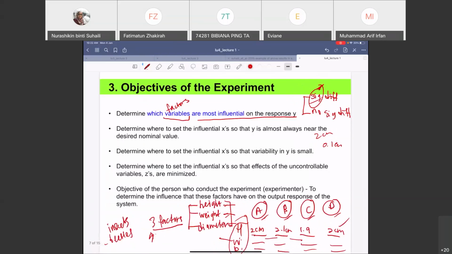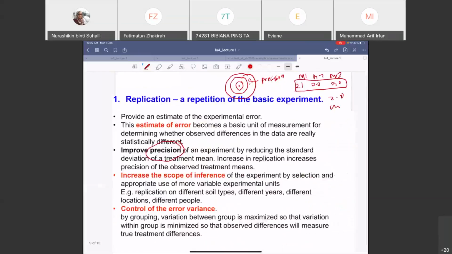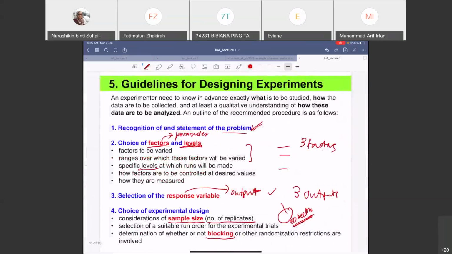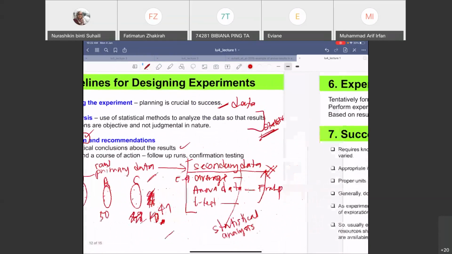Then we talked about these three principles: replication, randomization, blocking. And the guidelines: the things you need to set in your experiment until you get the conclusion and recommendation. Okay, I think that's it.